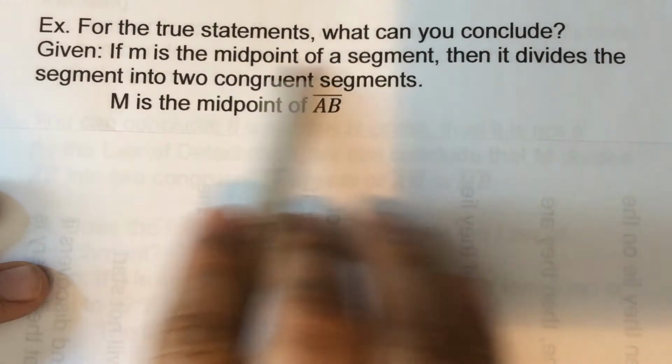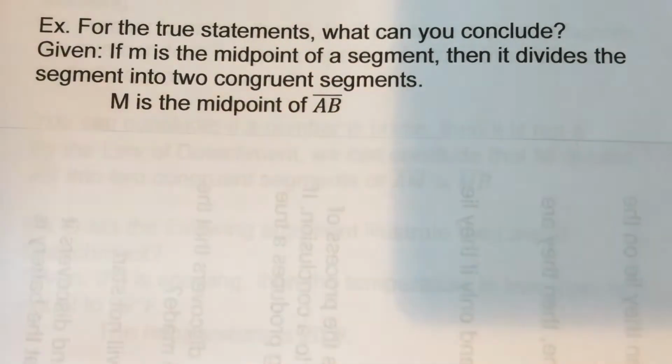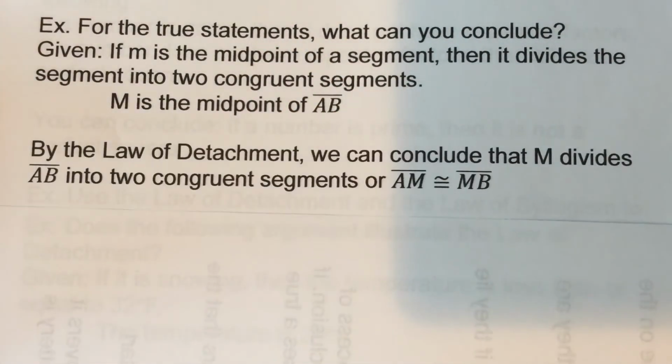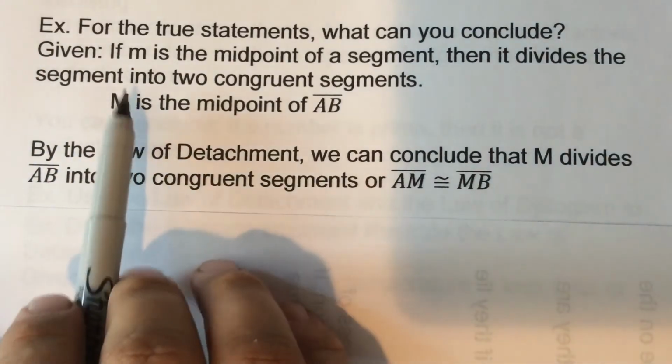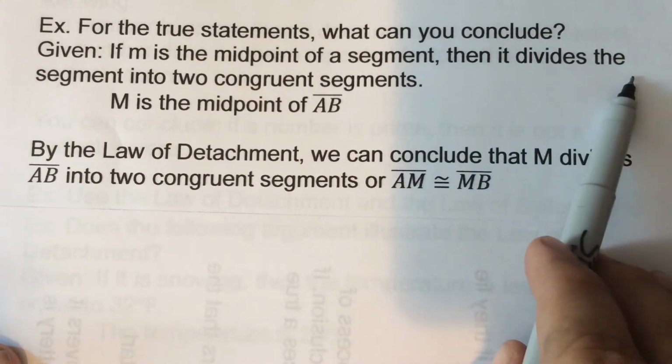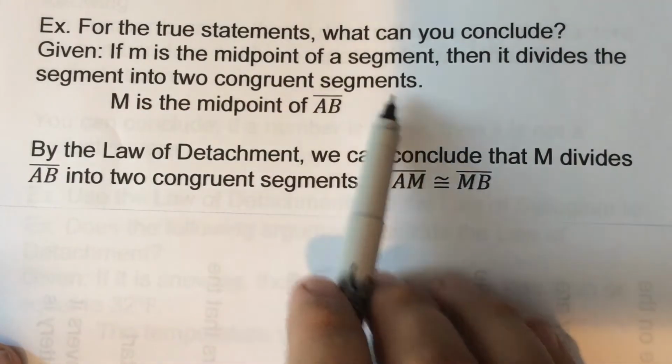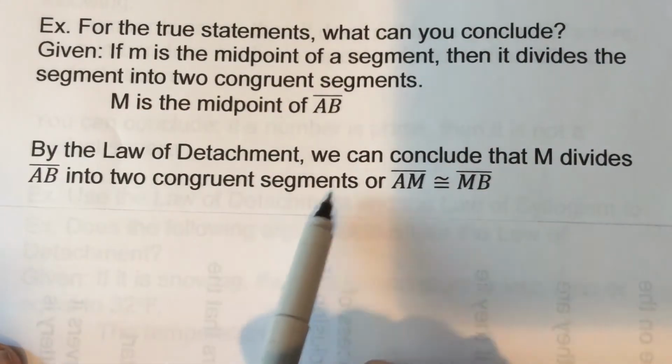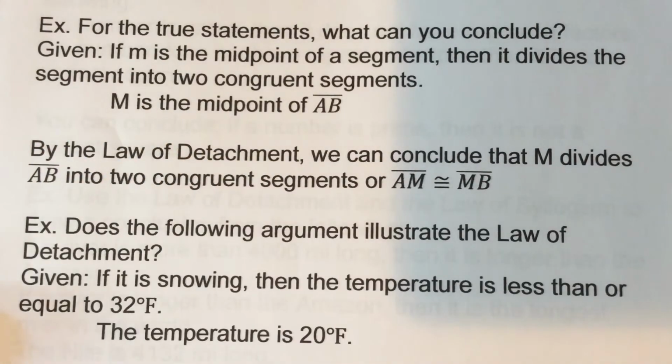So it's saying, hey, this hypothesis is true. So we would say, by the law of detachment, we conclude that M divides AB into two congruent segments, or that AM is congruent to MB. So because this was true, the conclusion is true, that it divides it into two congruent segments. Yep.